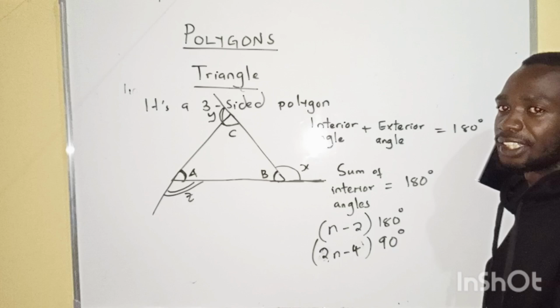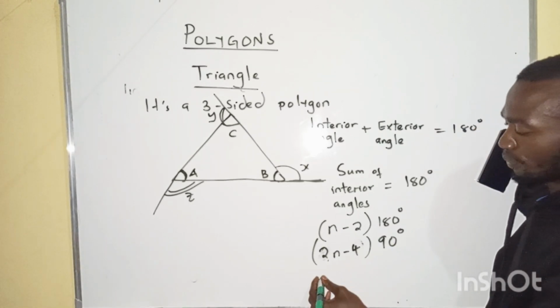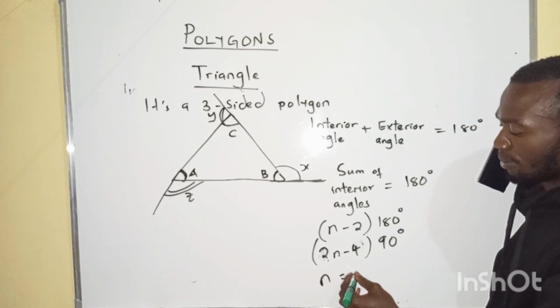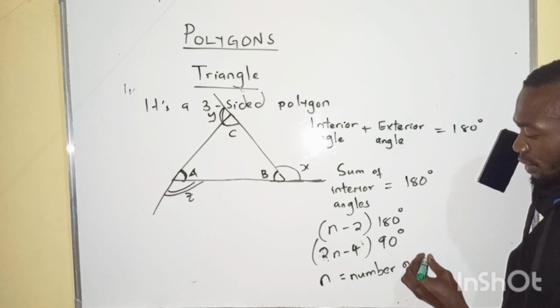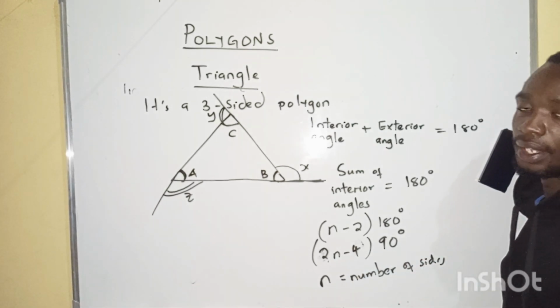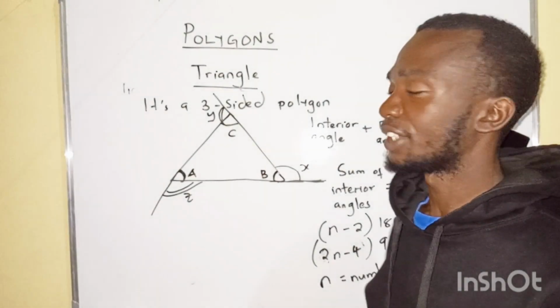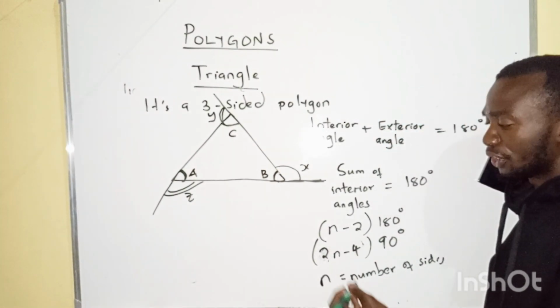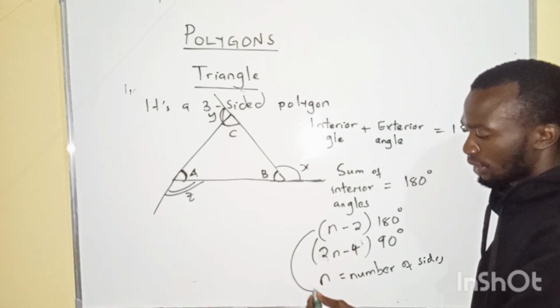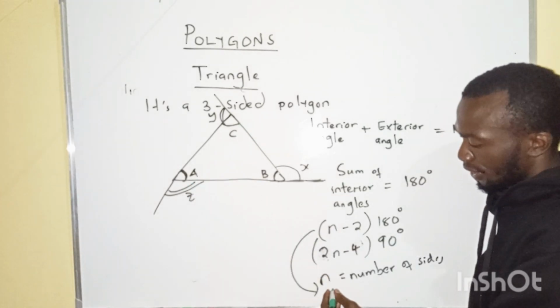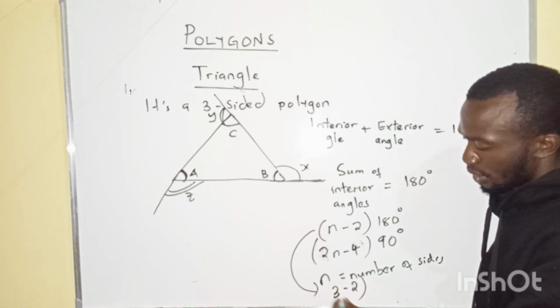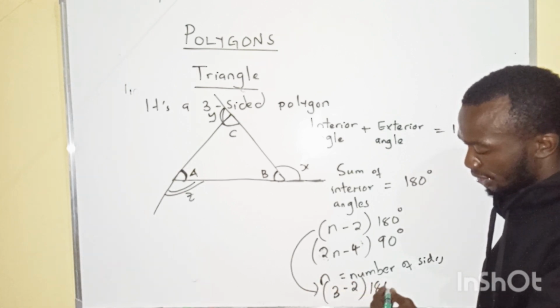So for example, in a triangle, where n represents the number of sides, a triangle has 3 sides. So you substitute it in this formula. n is 3. 3 minus 2 should always give you 180 degrees.